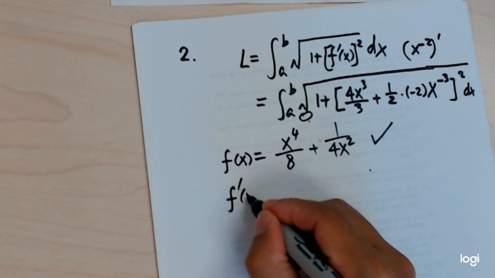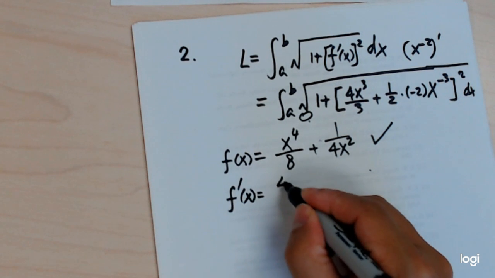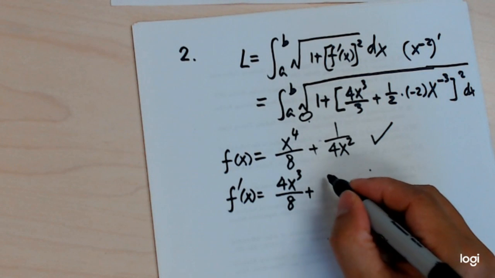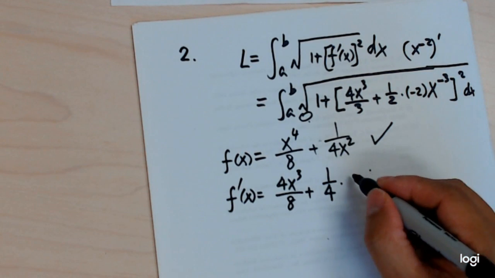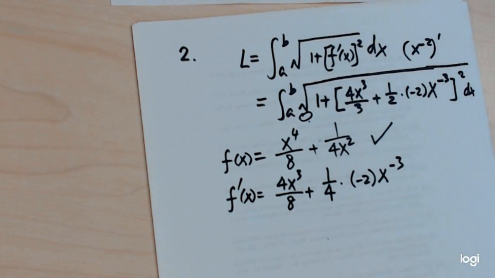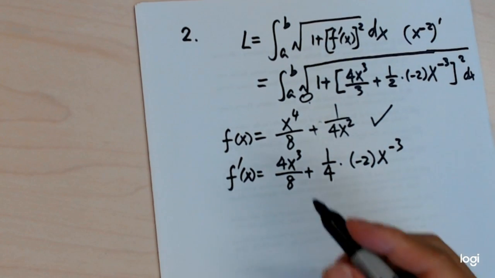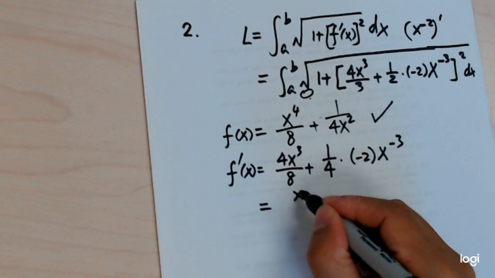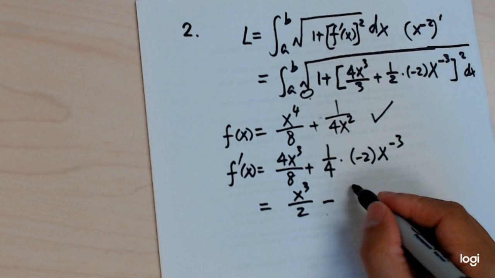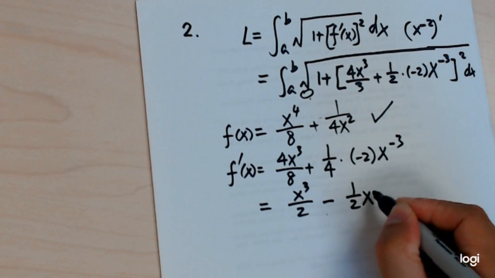Let's differentiate this guy first. That's 1/4, -2 x to the power of -3. Minus, that's actually minus 1/2 x to the power of -3.